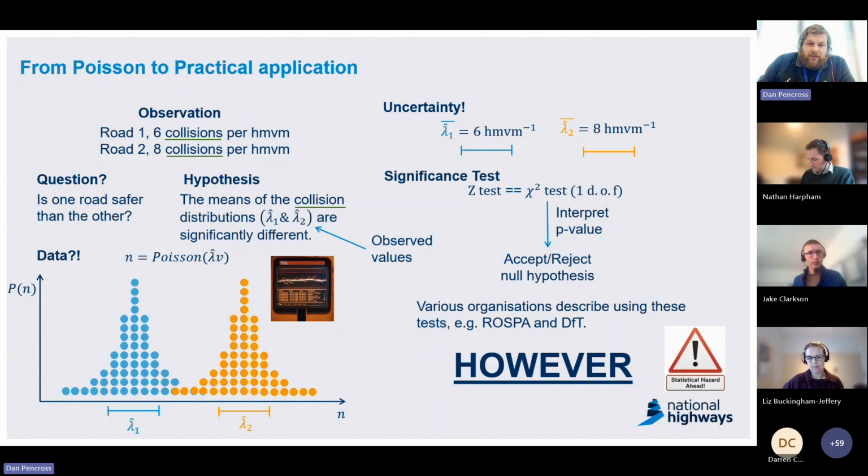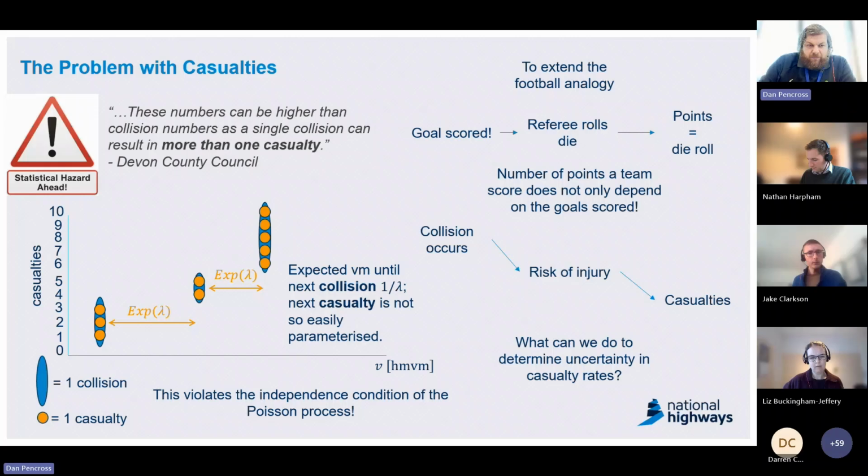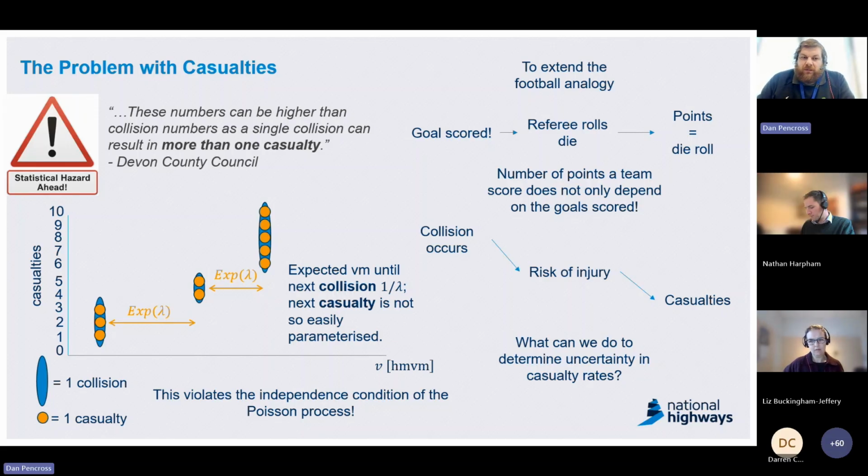As has been highlighted previously, the statistical hazard with casualties comes about because each collision that's recorded can result in more than one casualty. How this has an effect on the Poisson process as a whole, I'm going to explain now.